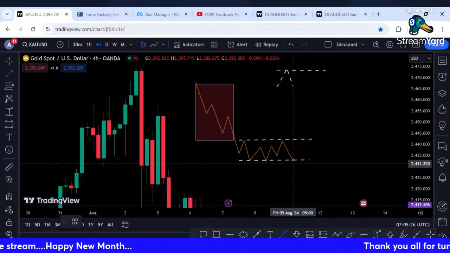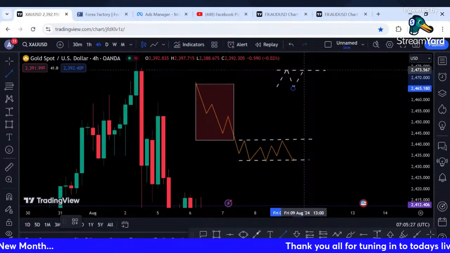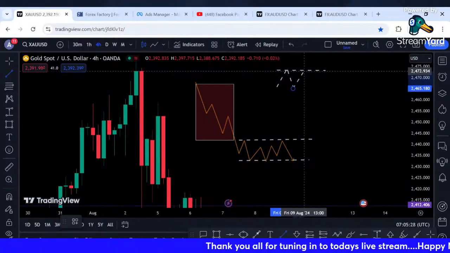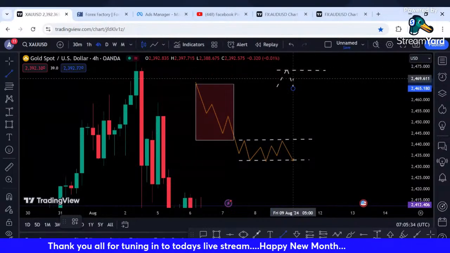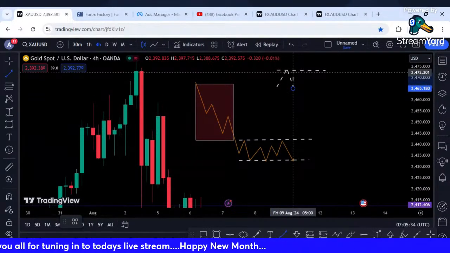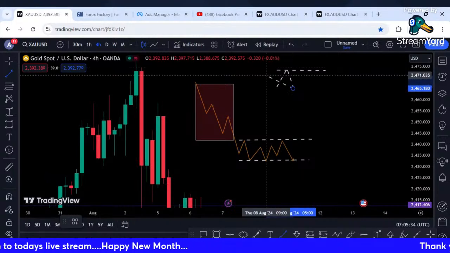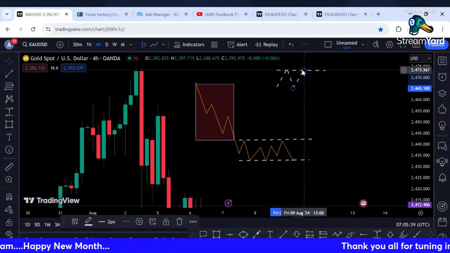So if buyers come into the market again, when they get to this side, they are going to react to where they met at the initial stage. So that's the psychology behind the support and resistances.